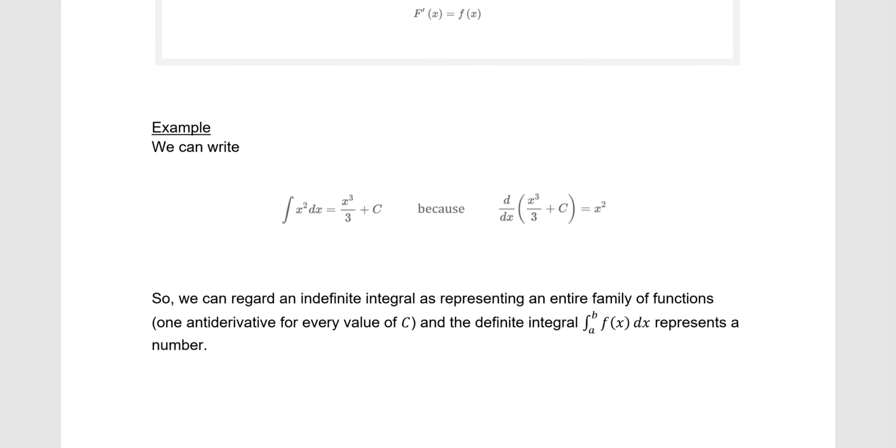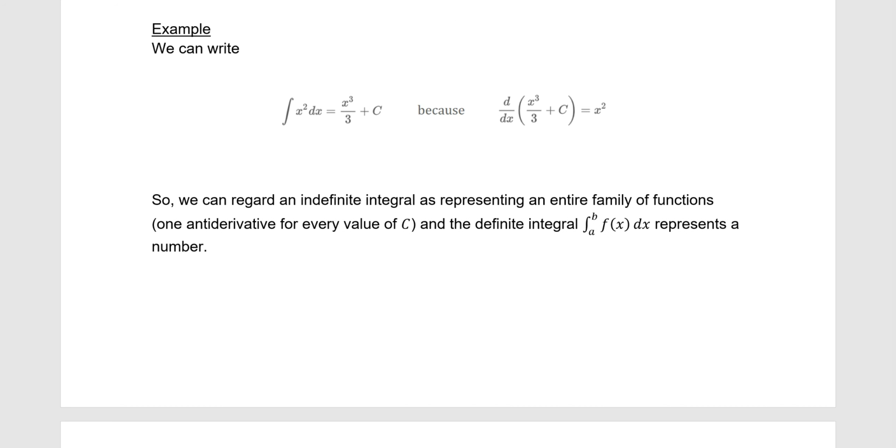So let's go ahead and check out this example. We can rewrite the integral of x squared dx as x cubed over 3 plus c, because if we take the derivative of this, it equals x squared. Just remember that antiderivatives and derivatives are opposites.